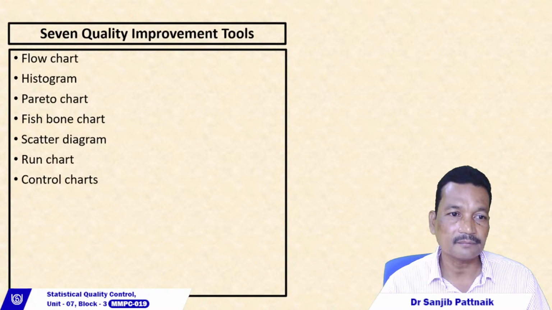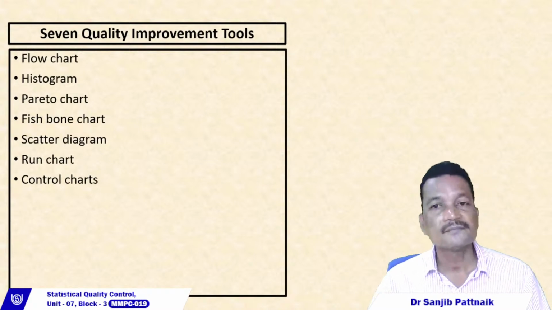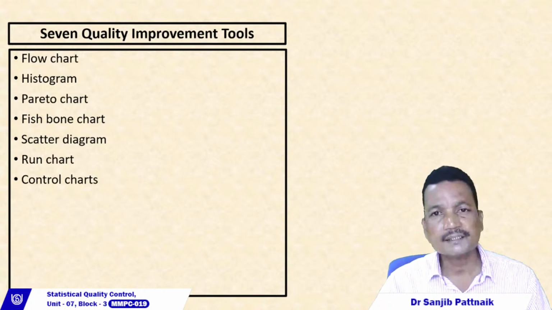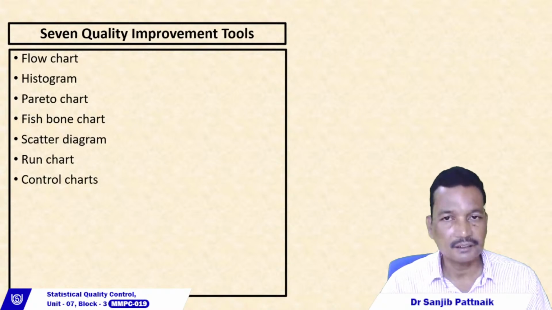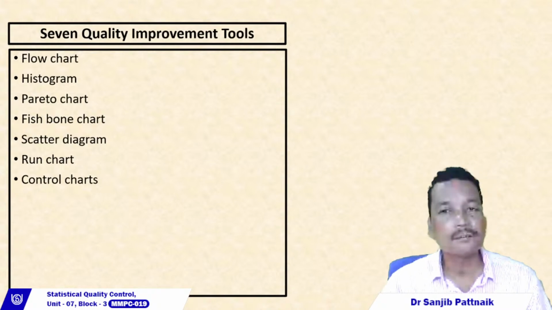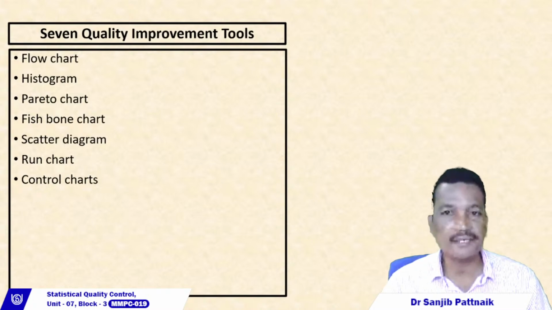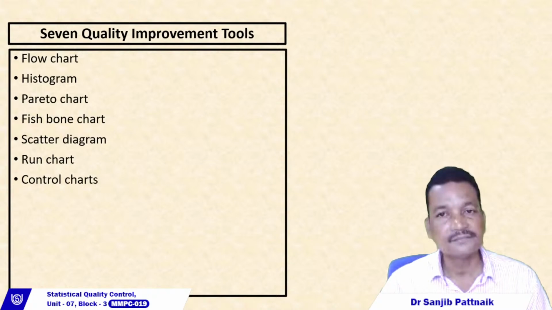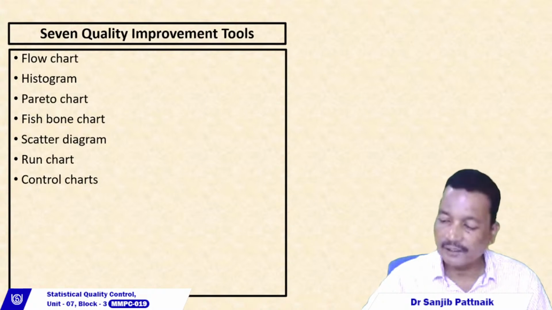Another is fishbone chart, which is also called as cause and effect chart. Now this is for analyzing the problem and what are the possible causes for that, or what is the impact of that particular thing. Here the problem looks like the head of a fish.